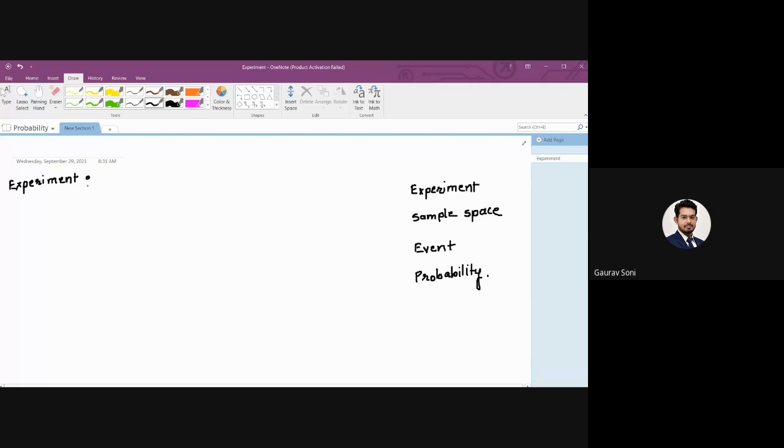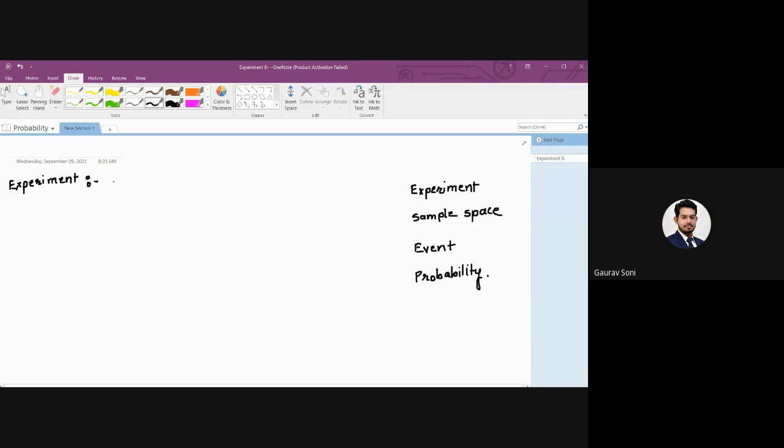When we are dealing with statistics, an experiment is not just associated with laboratory experiments. An experiment is virtually any operation that results in one or more outcomes. Say for example, you may pass the exam or you may fail the exam, so there are two outcomes in this case. Whenever you perform an operation and get one or more outcomes, such an operation is called an experiment. So I will just write this down.